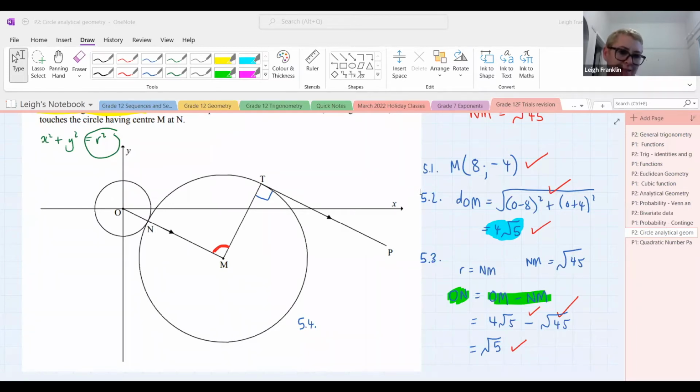So at T, MT meets TP at right angles. That's already part of our story. How can that help us? What happens when we have parallel lines when it comes to angles? What sort of angles do we get with parallel lines?